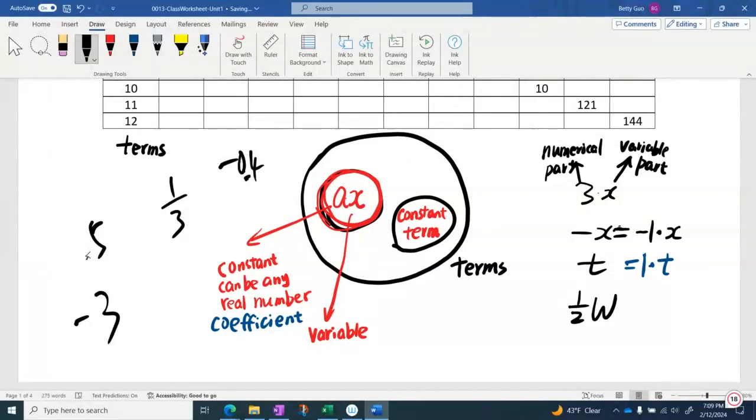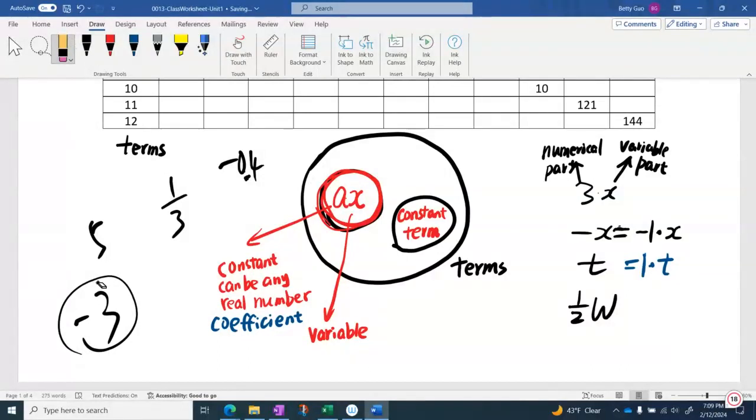Those numbers are terms as well. They are constant terms. So when you see an expression with a single number there, that number is a term.